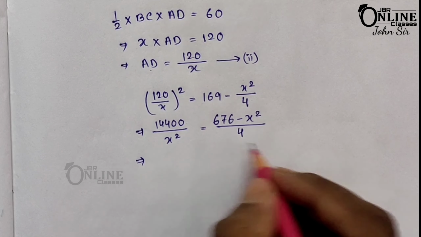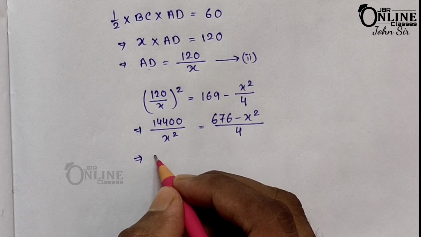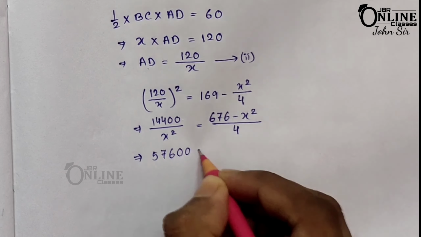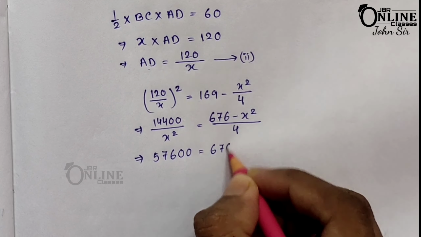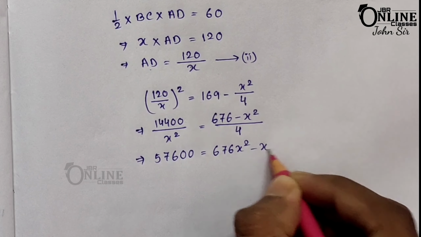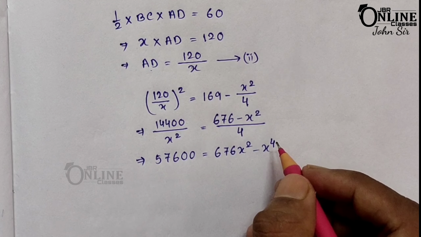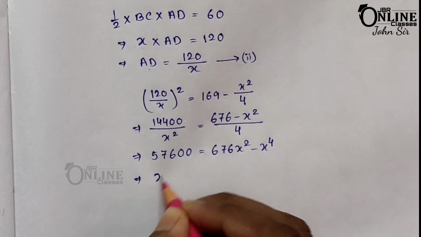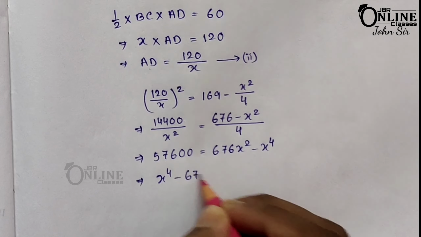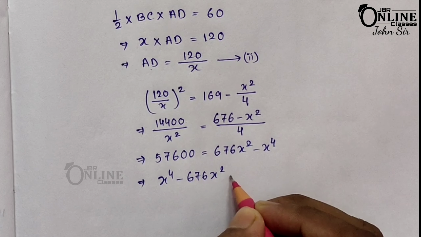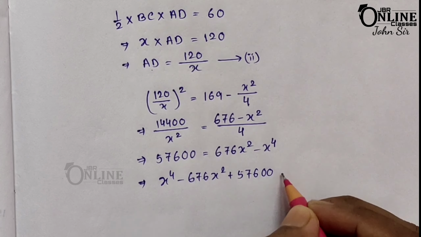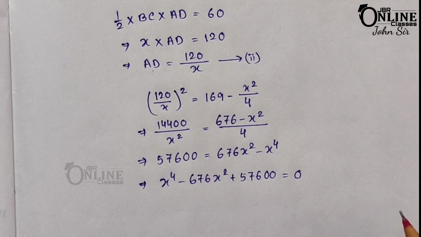Now cross multiply. So after cross multiply you will get 57600 equal to 676 x square minus x to the power 4. Okay. So that means x to the power 4 minus 676 x square plus 57600 equal to 0.